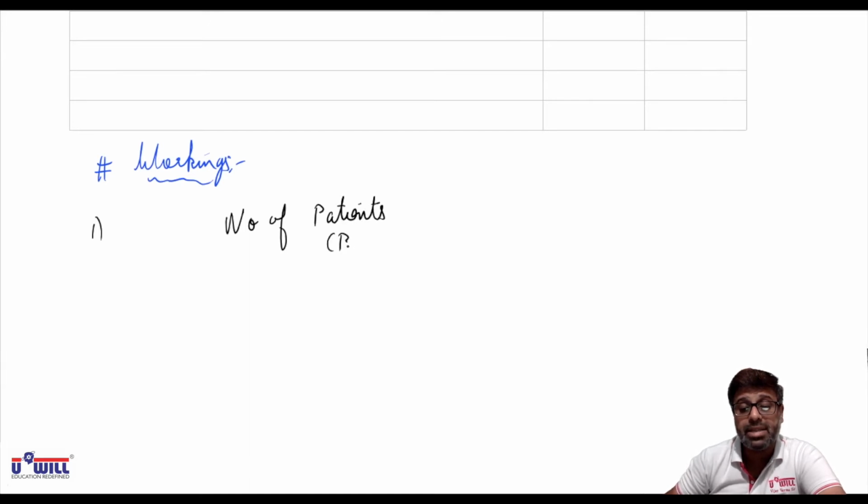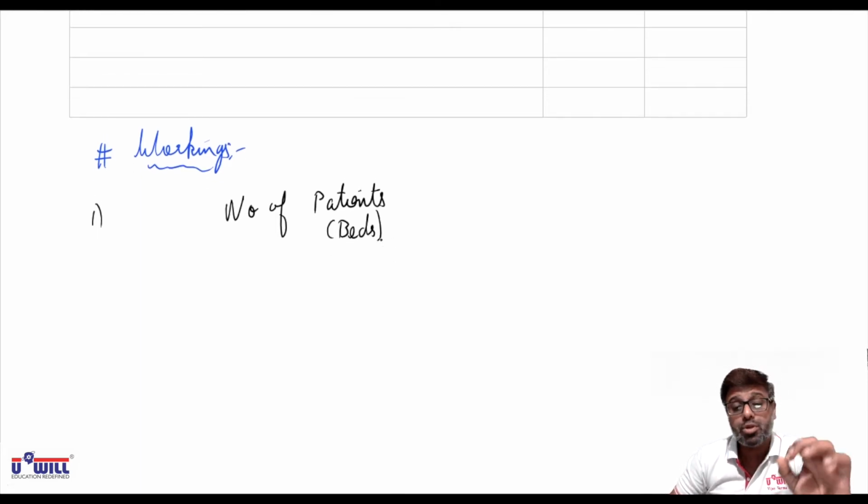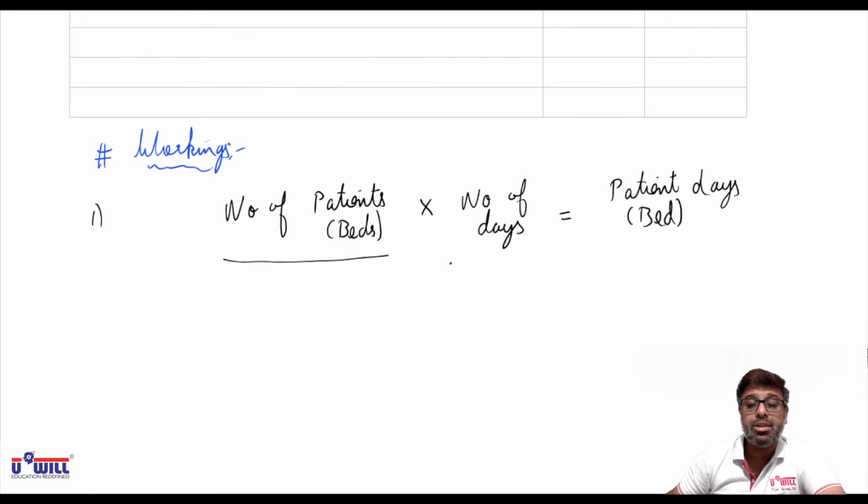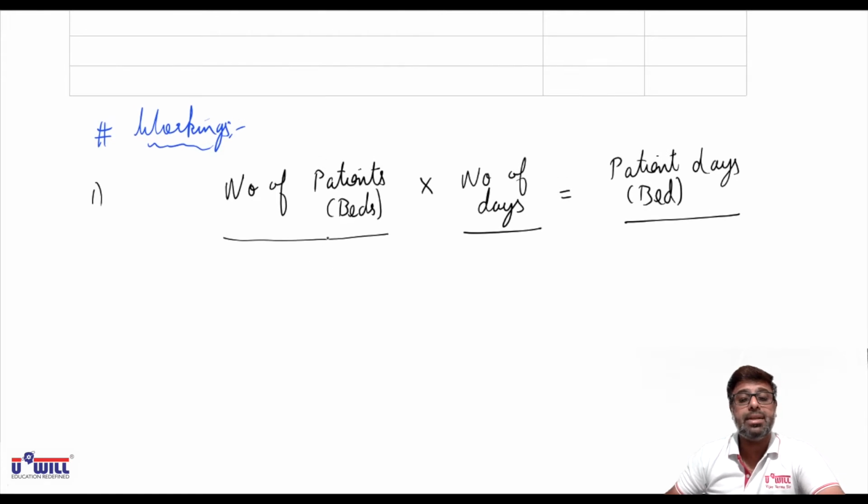Both mean one and the same. In one bed, two patients cannot be occupied. So number of patients or number of beds will mean one and the same. Multiplied by number of days will give us number of patient days, or you can also call it bed days. So keep this in mind in this chapter, that patient days or bed days means one and the same.